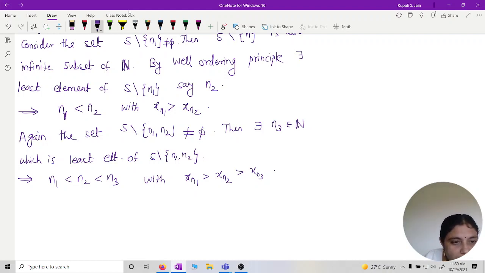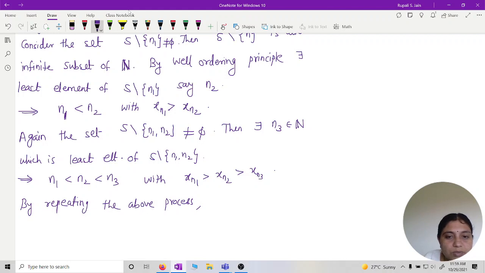So by repeating the above process, because it is an infinite set, even after removing infinitely many elements it will be non-empty, and for every infinite subset of natural numbers there exists a least element, and we denote them n1, n2, n3, n4, n5 and so on.